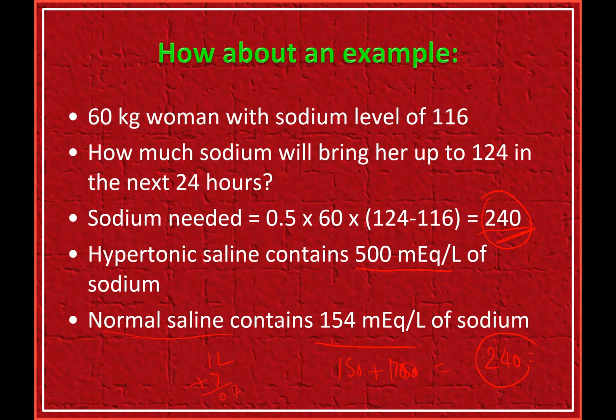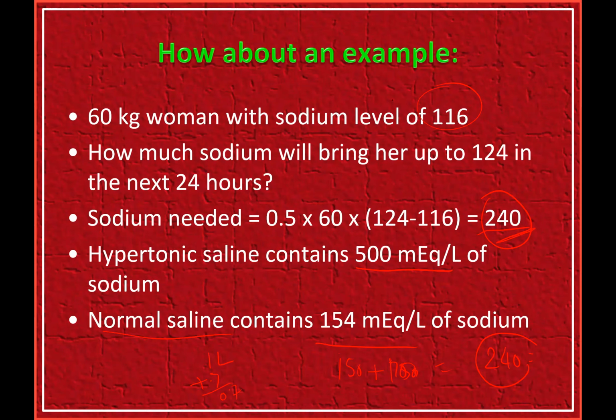If you are using hypertonic saline, which you must be using in this case because the sodium is very low, we know how to calculate the sodium deficit: the present sodium and the expected rise you want. Expected rise up to 124, present value of the hyponatremic patient 116, so the difference is 8. Body weight is 60, 8 into 60 is 480, but only half is water, the remaining half is not counted, so half of 480 is 240 milliequivalents required.